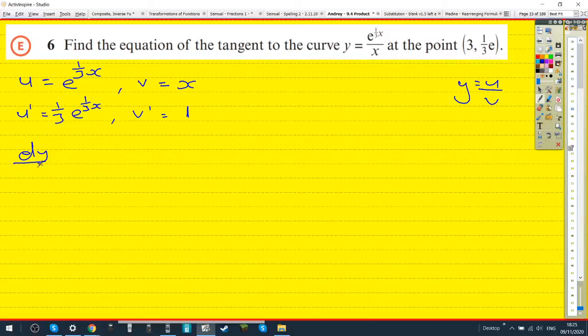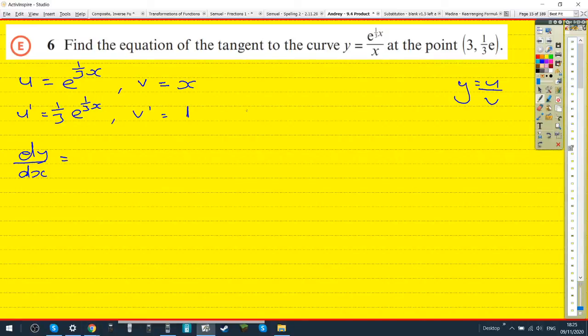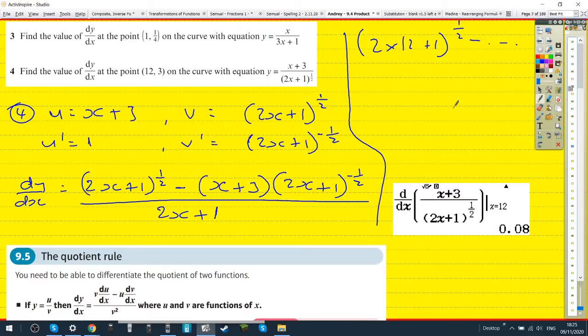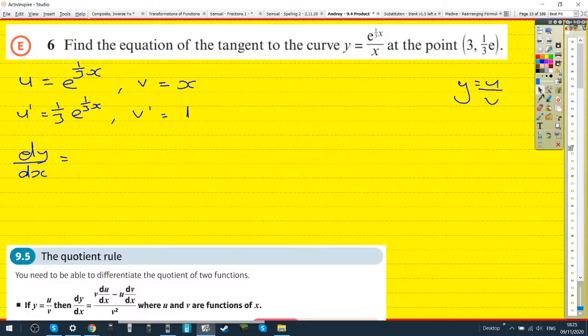And so I then do a third e to the third x minus e to the third x. Hang on, I think it's the other way around with this formula. Yes, v is first, so the other way around. For the product rule it doesn't matter because they have plus in between. So it'll be x times a third e to the third x.